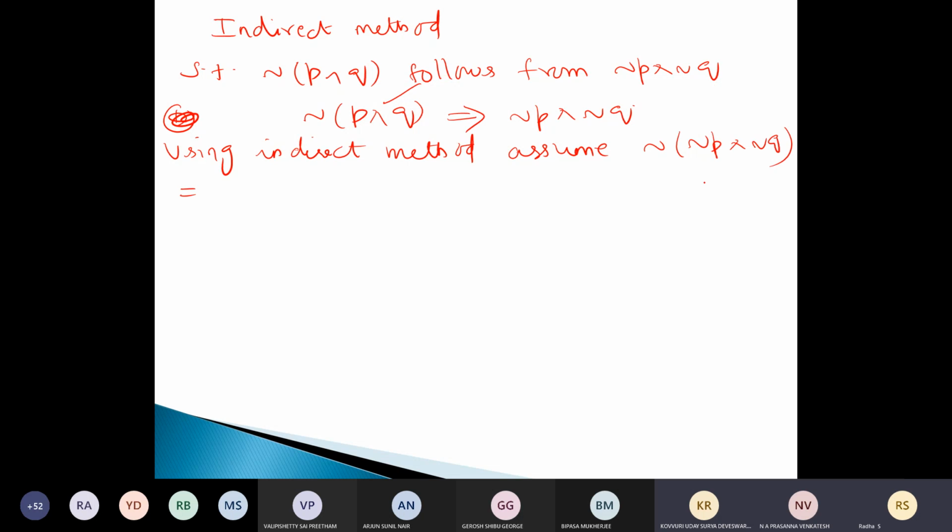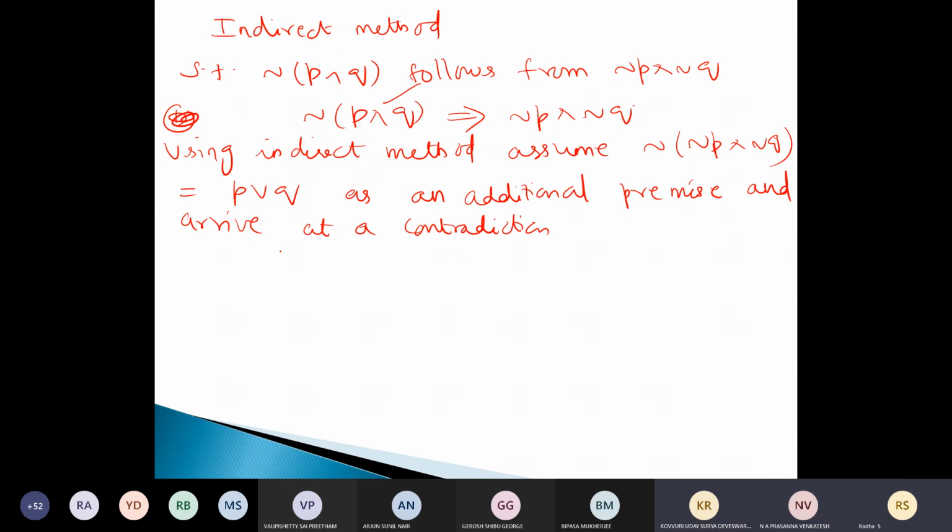What is not of not P and not Q? P or Q. Take that as an additional premise and arrive at a contradiction. That is the aim.